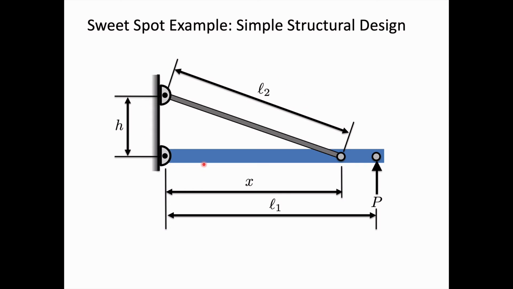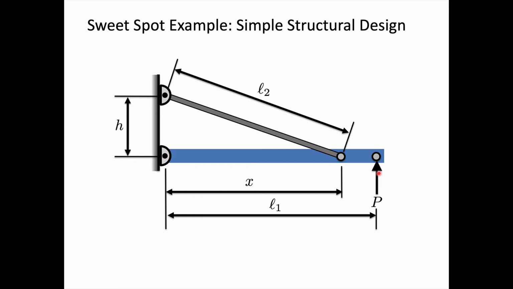Here we're looking at a structure where on the left-hand side we have an immovable object that our other components are anchored to. And here we have this blue rectangle that represents a rigid beam. Each of these circles represents a pin joint, so they can resist translational forces, but they cannot resist rotation.